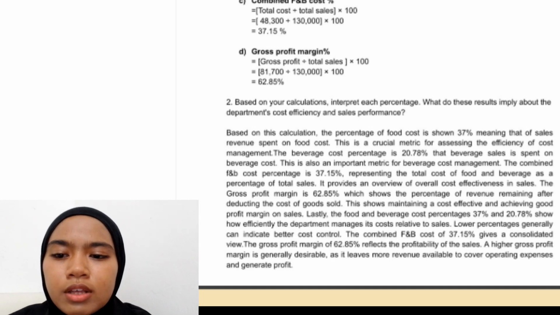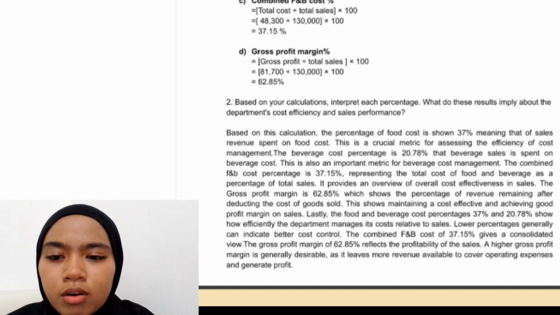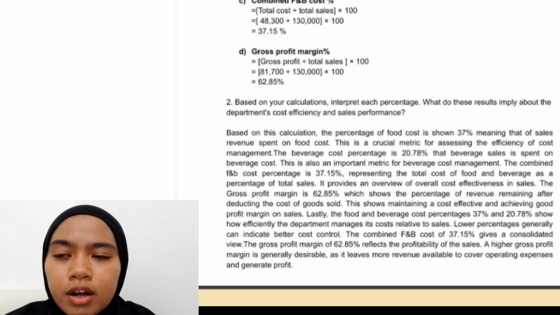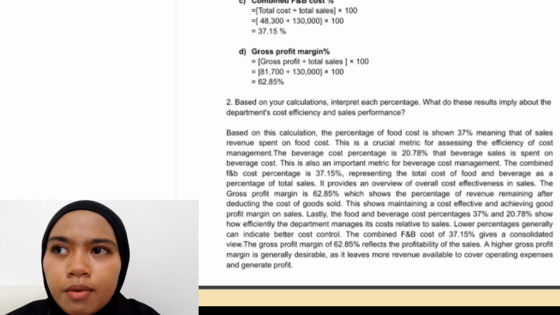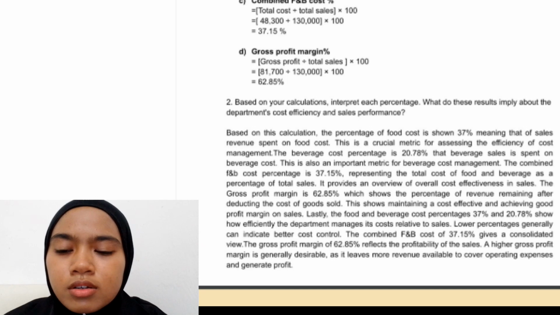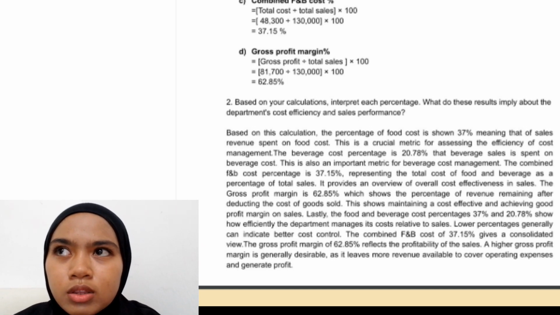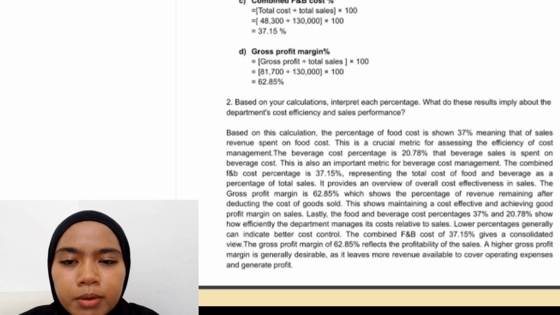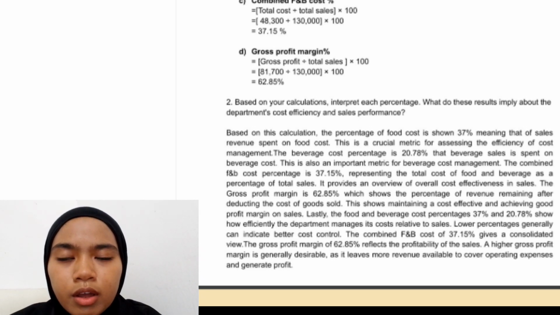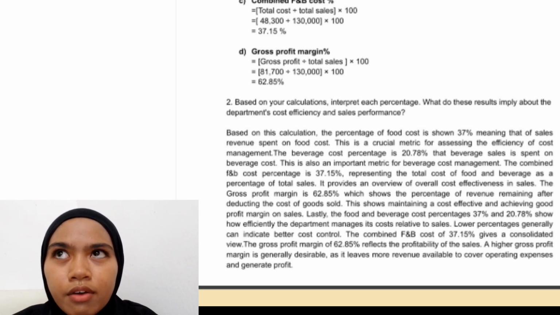And C, combined F&B cost: total cost divided by total sale, multiplied by 100. 48,300 divided by 130,000 multiplied by 100 equal to 37.15%.